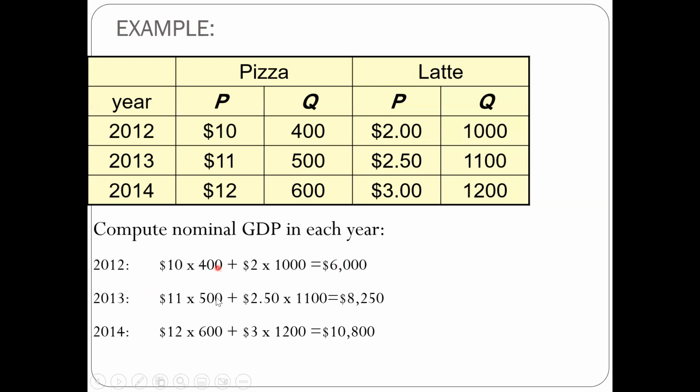And here, focus, we had different prices and different quantities in order to calculate the nominal GDP. So an increment of 37.5% happened from 2012 to 2013, and from 2013 to 2014, we had an increment of 30.9%.